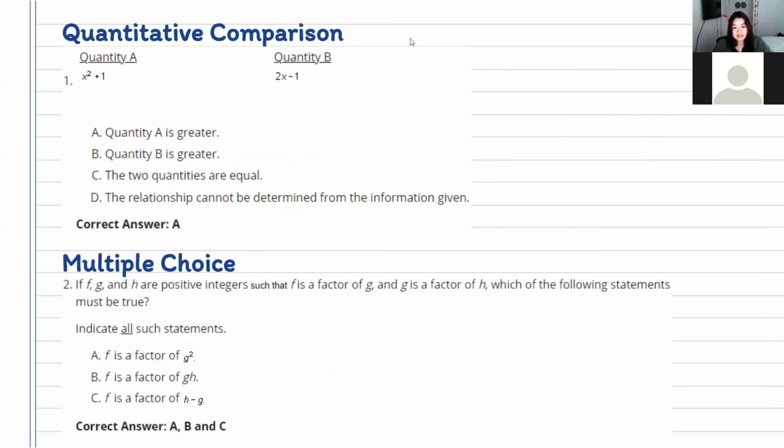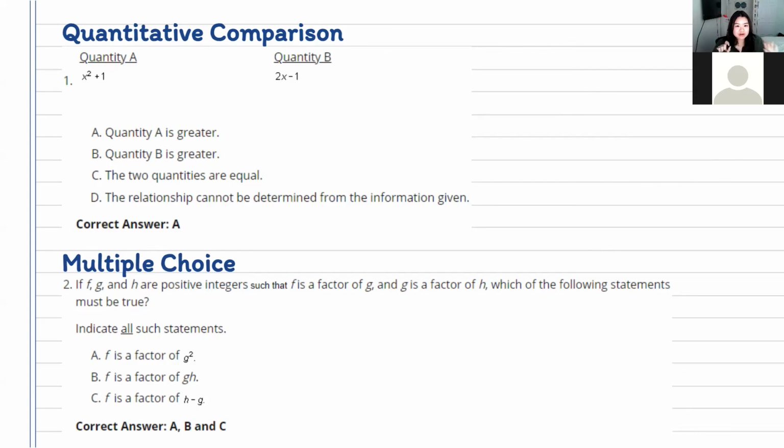And so here are some really easy examples of what you might see. There's something called the Quantitative Comparison section. I think this was the most new to me. On this section, all the answer choices that you see there will be the exact same for all questions of that type. So you get either A is greater, B is greater, both of them are equal, or you can't determine the relationship.